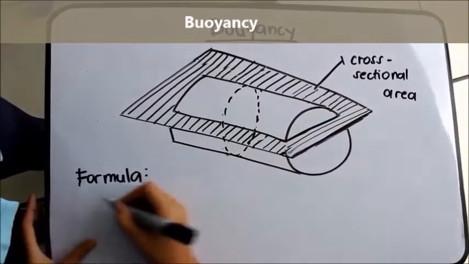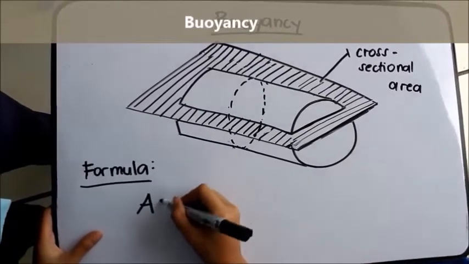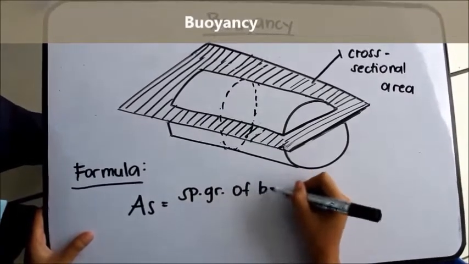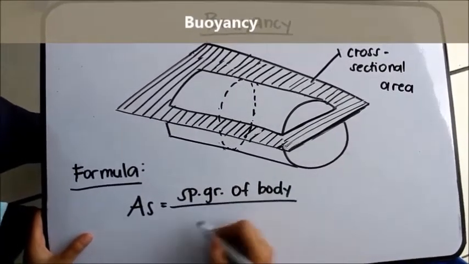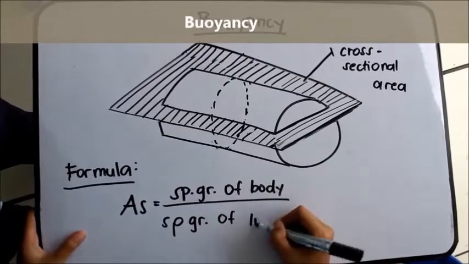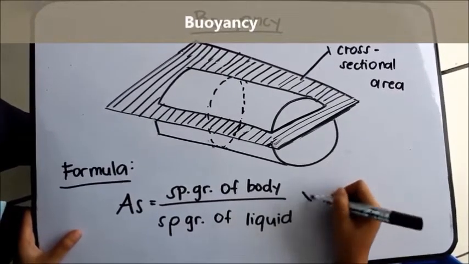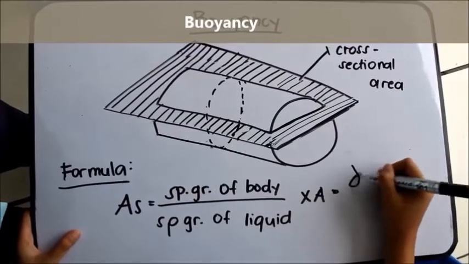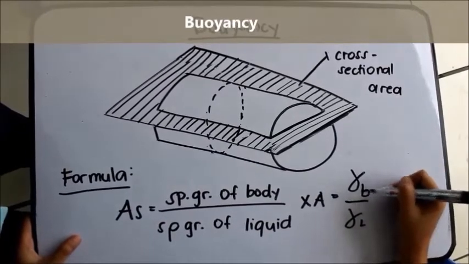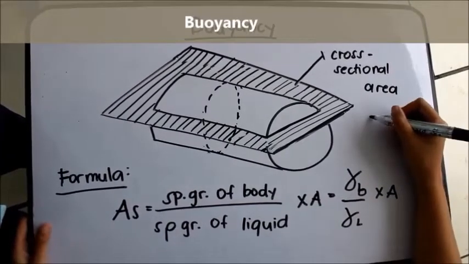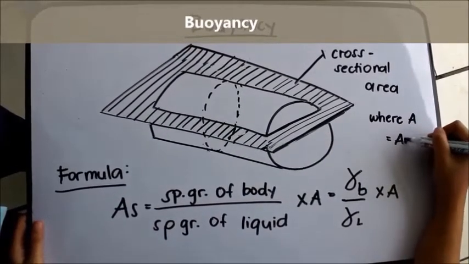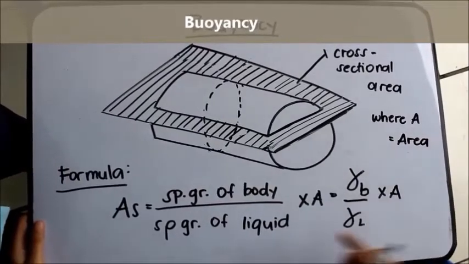After that, we will proceed to the formula of AS equals specific gravity of body over specific gravity of liquid, times the area, or equal to unit body over unit liquid, times the area, where A is equal to area. So this is the formula.